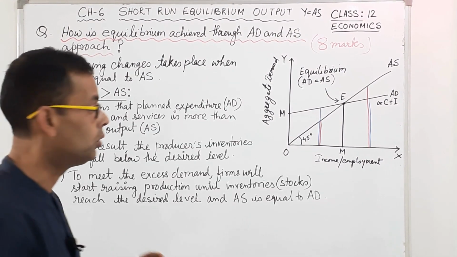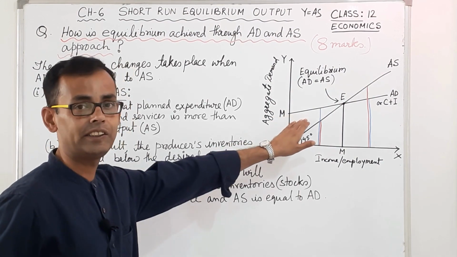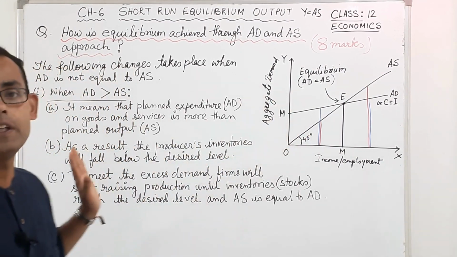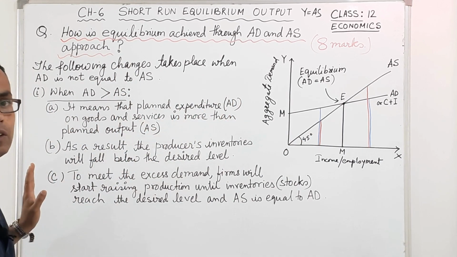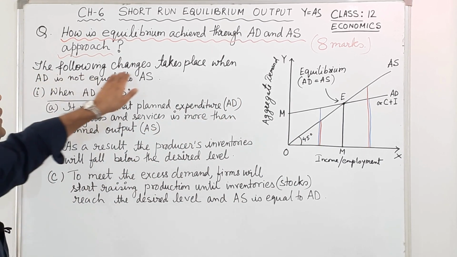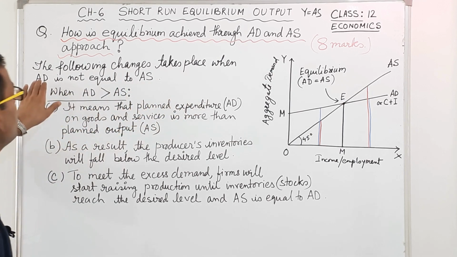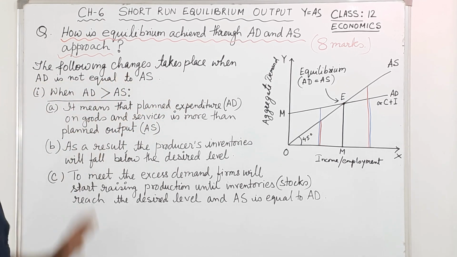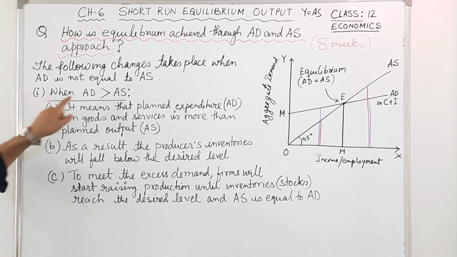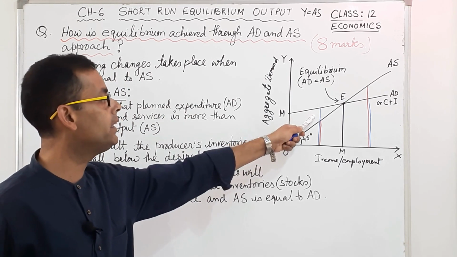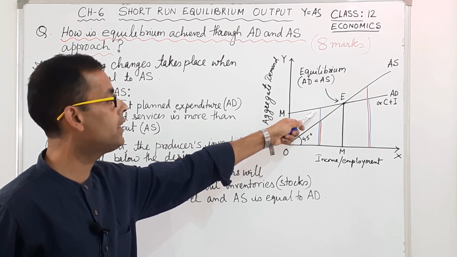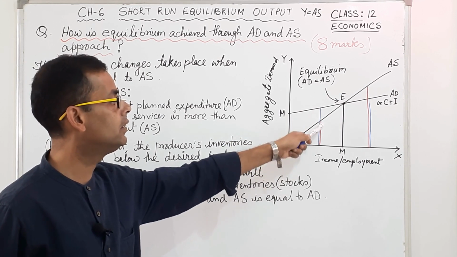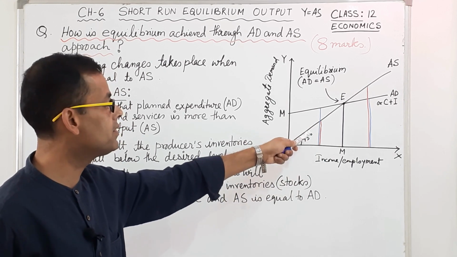Now let us understand if it is not in equilibrium, that means if AD and AS are not equal. So the following changes take place when AD is not equal to AS. First one, when AD is greater than AS. You can see the blue line here at this point, AD is greater than the red line, the standing line which you can see.